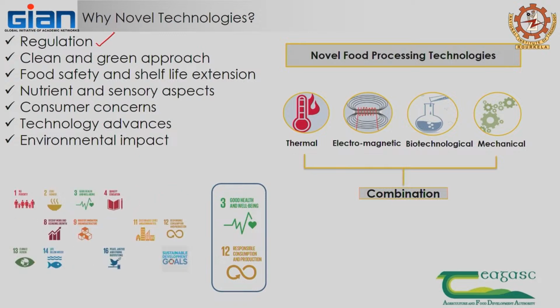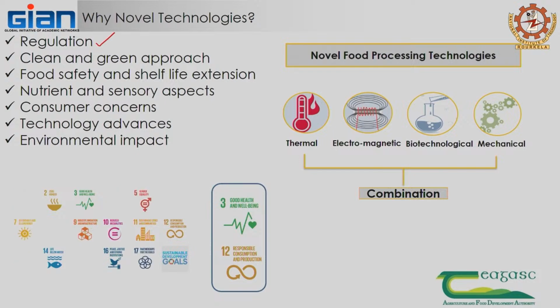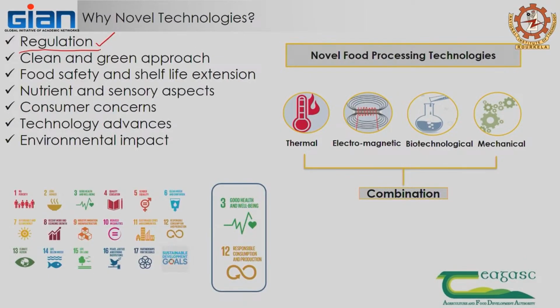It's not point number 1, it is one of the points. Regulation, that means if there is a regulation that you should not use chlorine or you should not use A, B or C chemicals, you need an alternative. Because of the regulatory aspect we need to go for alternative approaches, then you have to rely on new technologies.